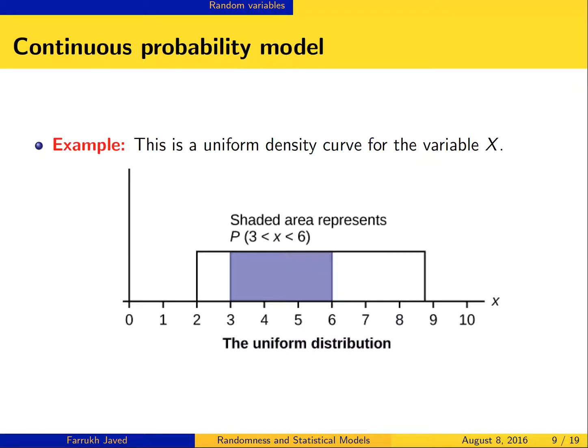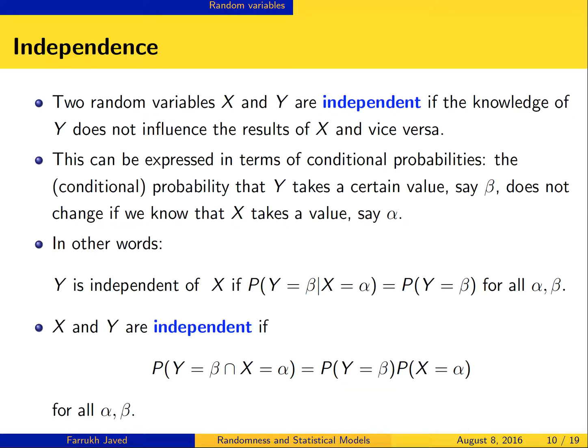It is uniform because, if you notice, from 2 to 9 on the x-axis, the behavior is exactly the same. The height of the whole curve is exactly the same, and that's why we call it uniform. It's uniformly assigned actually. But there can be different behaviors in reality.